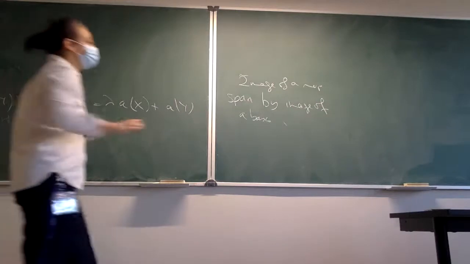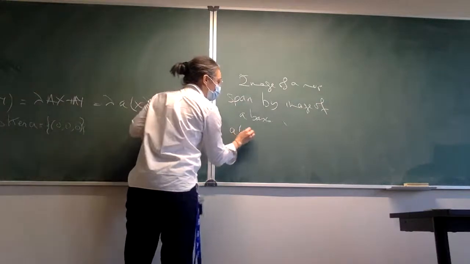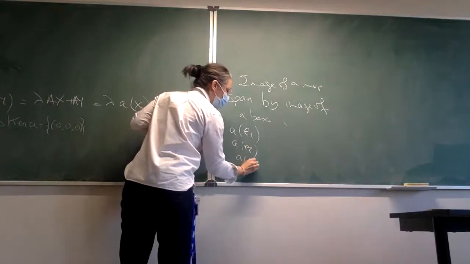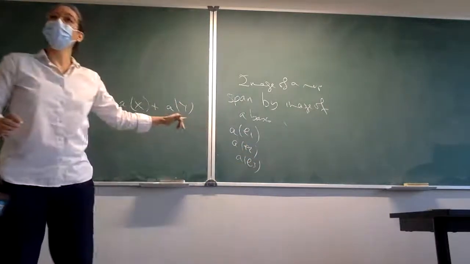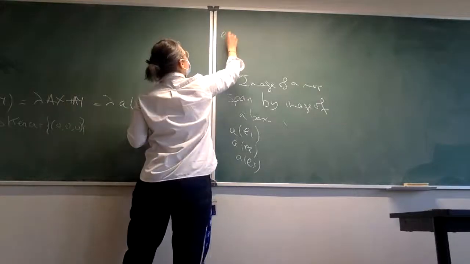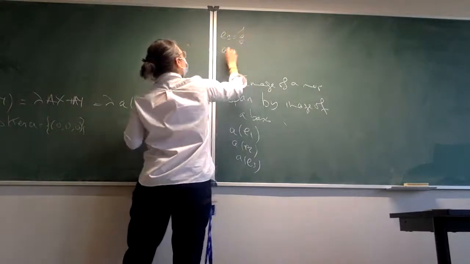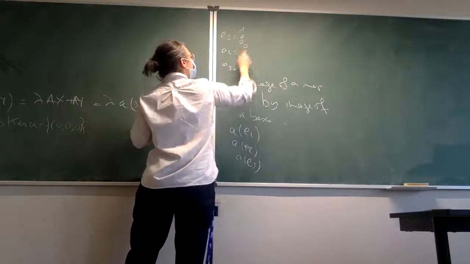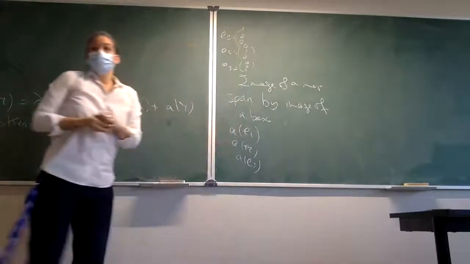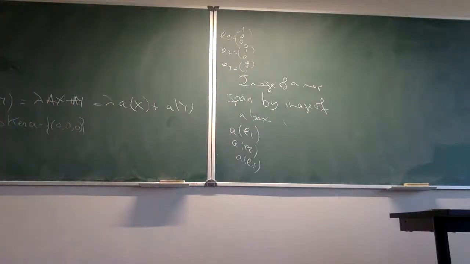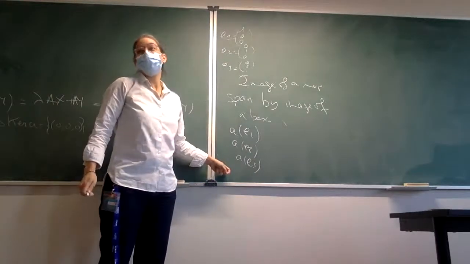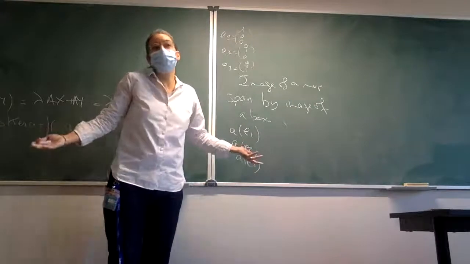So we could check for the image of E1, E2, E3, with the standard basis, E1 being 1, 0, 0, E2 being 0, 1, 0, E3 being 0, 0, 1. Then you look for the dimension of what is spanned by those three vectors. But let's see what we get.